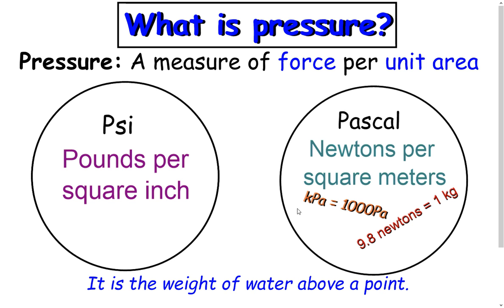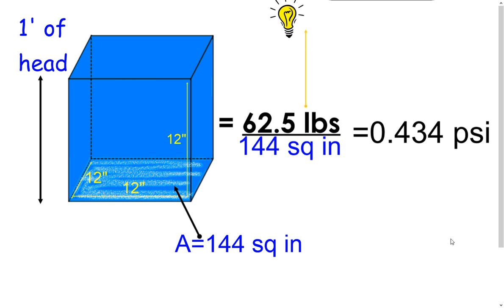A Pascal is newtons per square meter, and 9.8 newtons is 1 kilogram, to give you some idea of the size. So pressure is really the weight of water above a point. We're going to be looking at the relationship between 1 foot of head and the square area of that cubic foot of head.